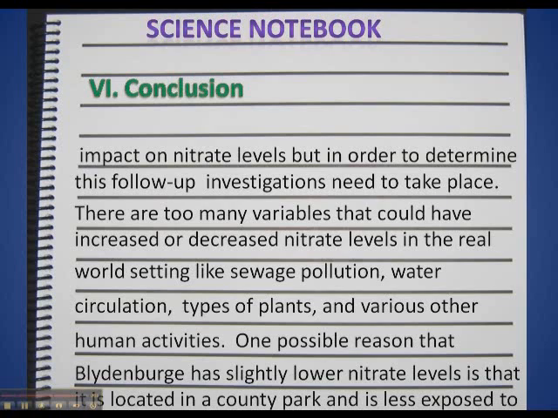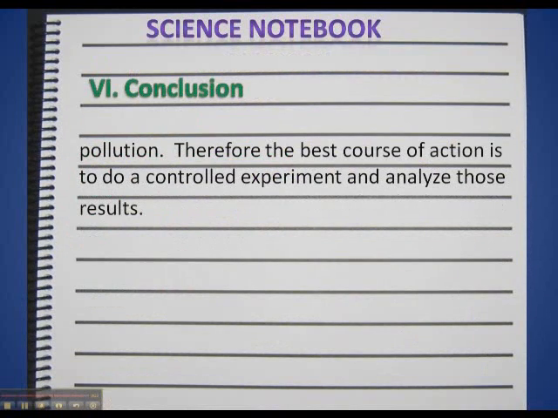One possible reason that Blydenburg has slightly lower nitrate levels is that it is located in a county park and is less exposed to pollution. Therefore, the best course of action is to do a controlled experiment and analyze those results.